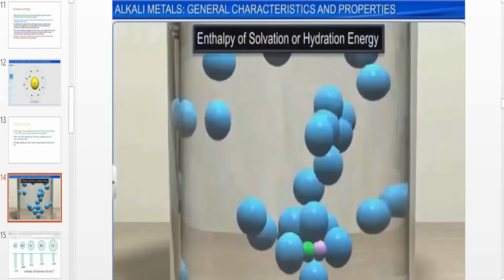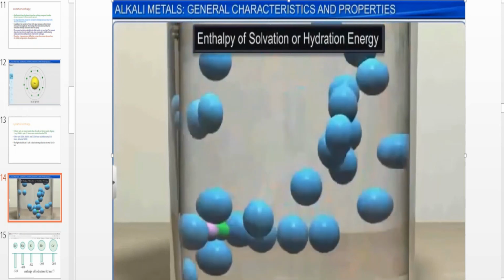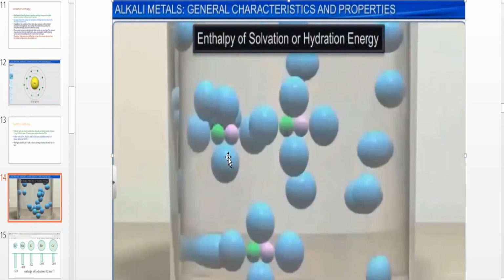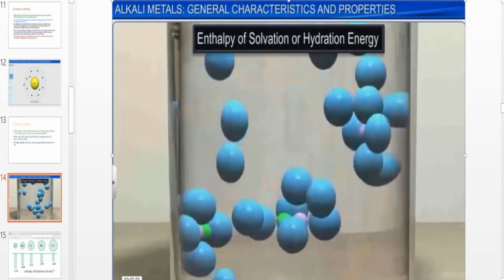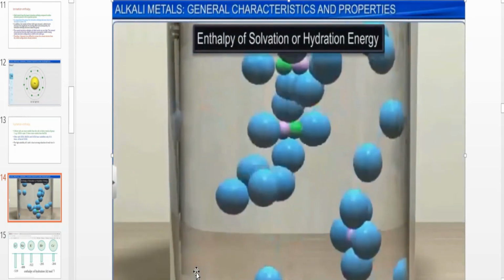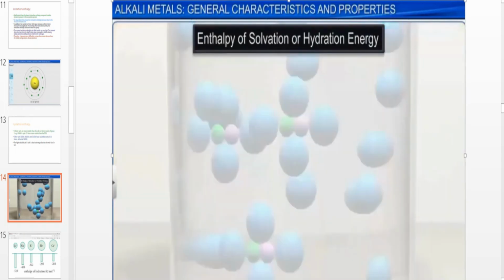Now, what is enthalpy of hydration? It is the amount of energy released or absorbed when 1 mole of an ion is dissolved in a large amount of water. I am repeating again: the molecule is dissociated into its ions in water, isn't it?